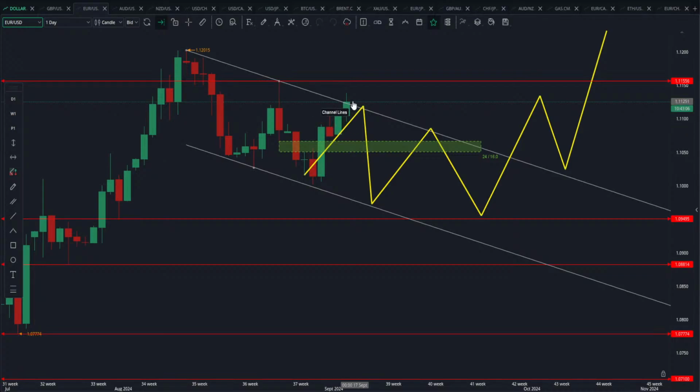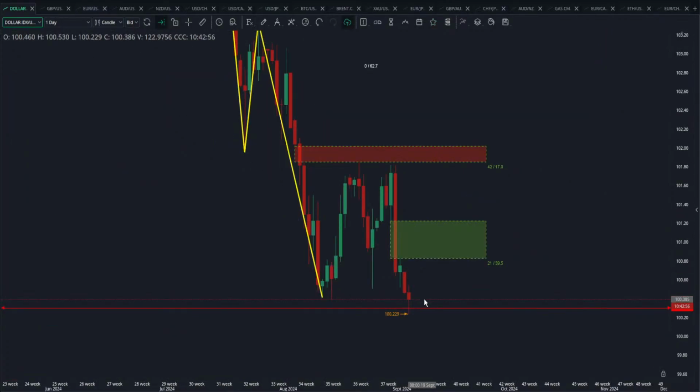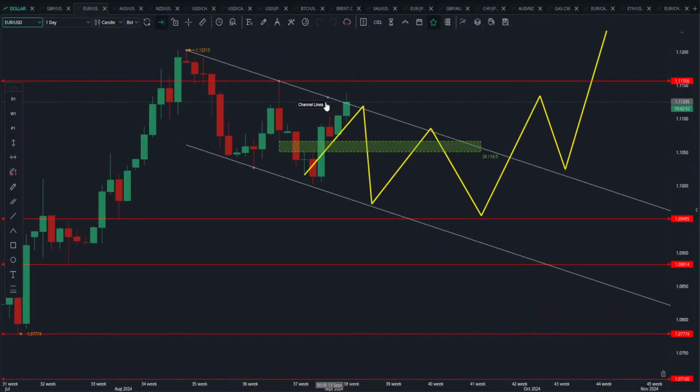There is a possibility that the price may not be able to break these highs of 1.1155, because if the US dollar starts rising from here, the euro may start falling from here. On the upside, the resistance is 1.1155. On the downside, the potential support is 1.0949.